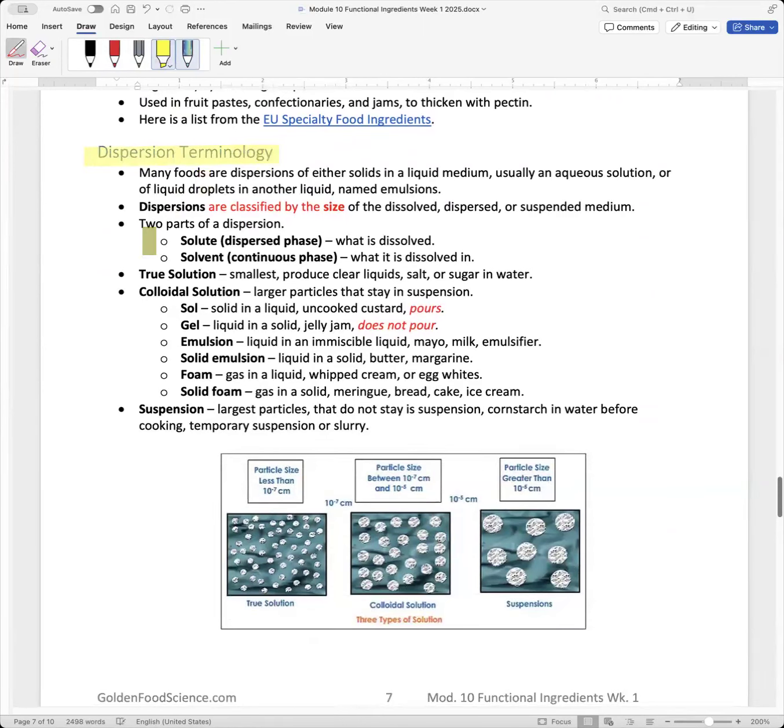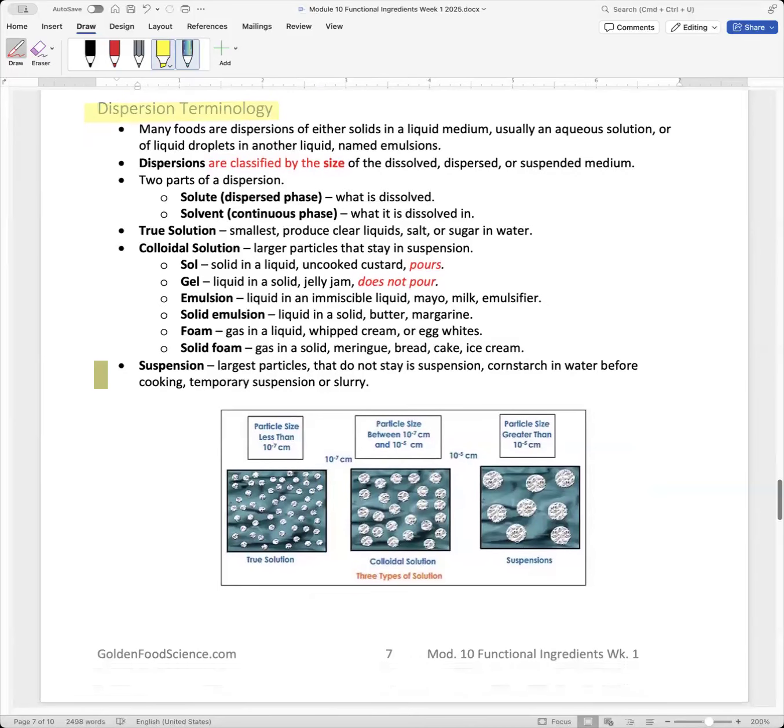Some terminology. Food is a dispersion. A dispersion is a solute dissolved in a solvent, and all of food is dispersions. In the food science terminology, a true solution is the smallest, something that's totally dissolved, like salt or sugar.